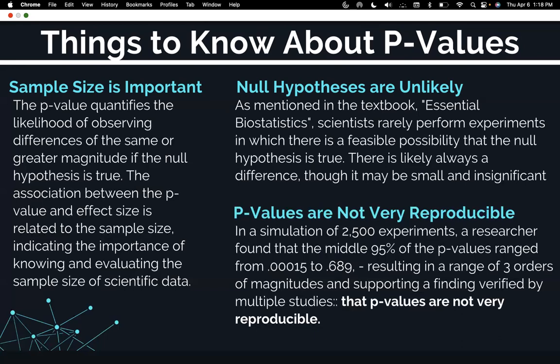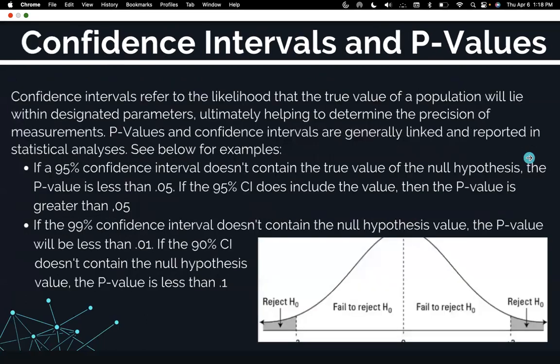This finding was supported and verified by multiple studies. For that reason, knowing that p-values aren't very reproducible, when we do have a statistically significant p-value, it's important that we verify that information with future statistical testing and research in order to confirm the relationship that we believe we found.